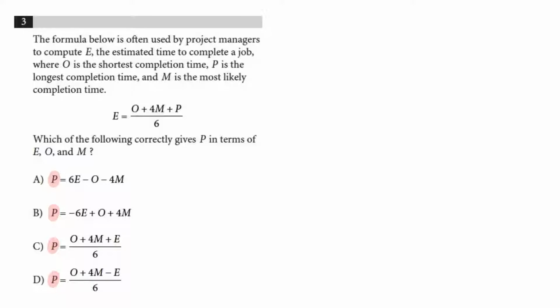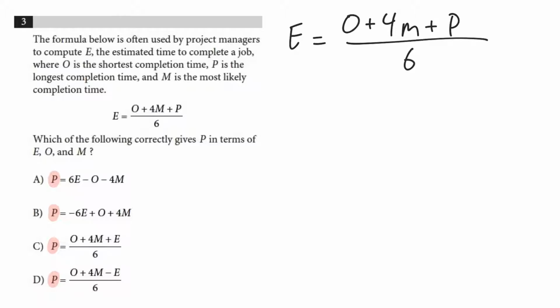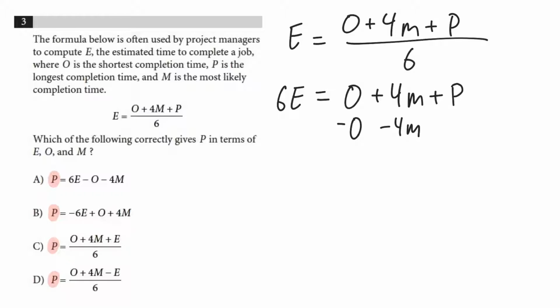So we're just going to take the original equation, E equals O plus 4M plus P, all over 6. I'm going to multiply both sides by 6. I'm going to get 6E equals O plus 4M plus P. Okay, well, I need to subtract O. It's not 0, that's O. And I need to subtract 4M from both sides.